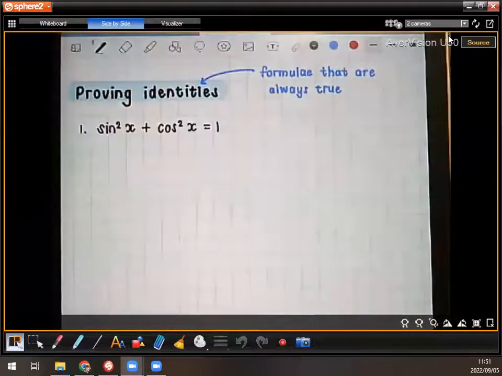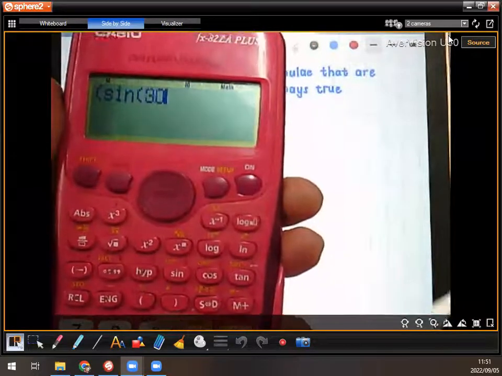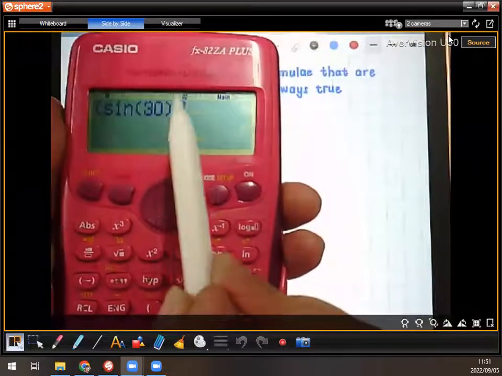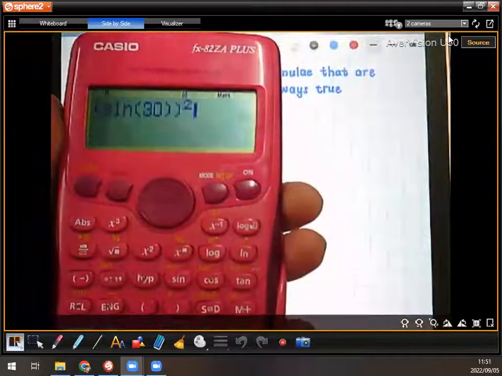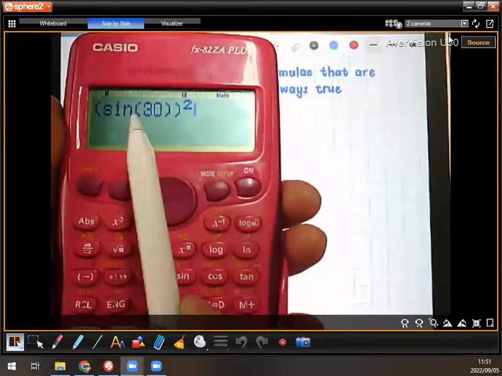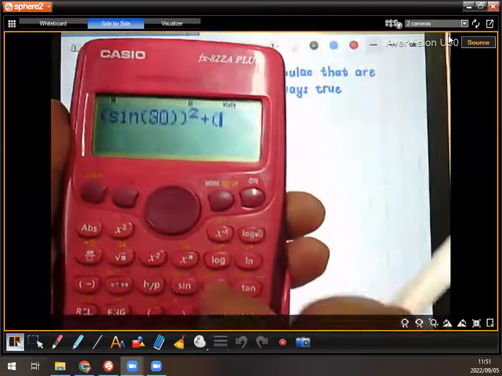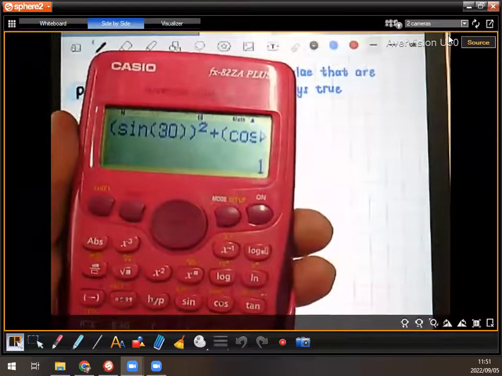So if you want to do sine squared 30, you'll have to say sine 30, close bracket, and I have to close it twice, because you close the 30 and then another one, and then you square. That's the same as sine squared 30 plus cos 30 squared, and then we see that as 1.